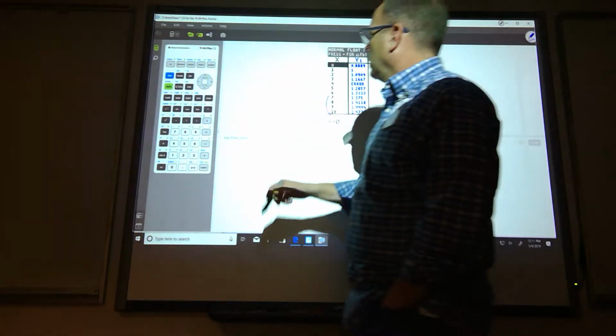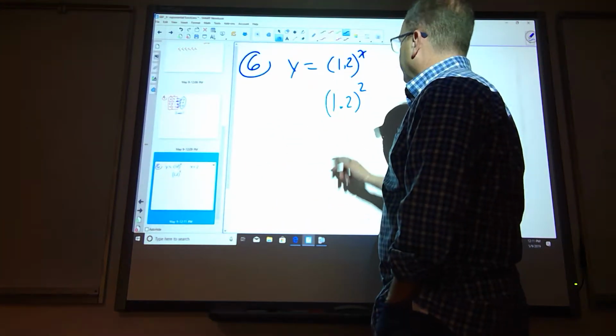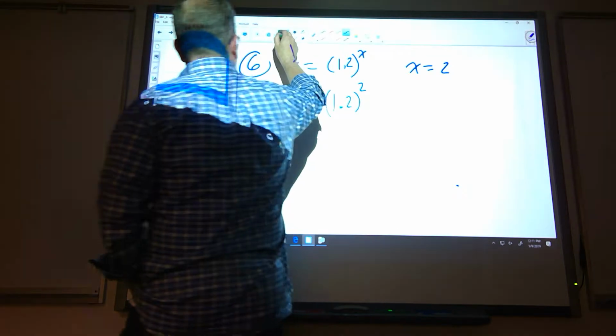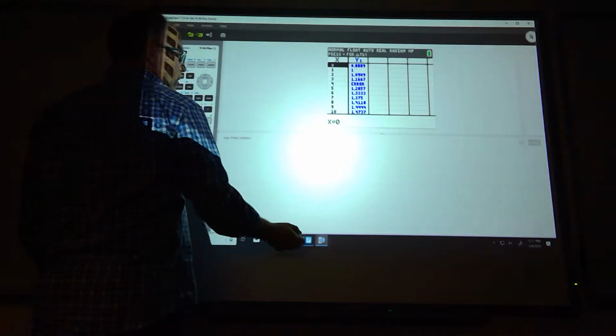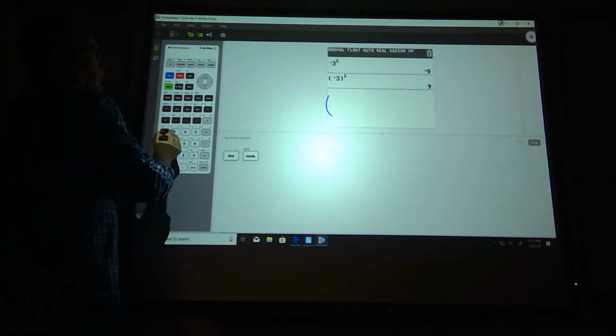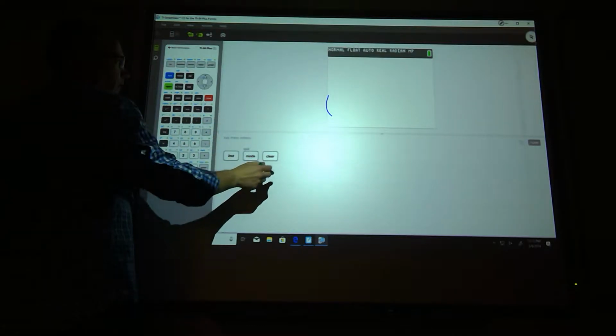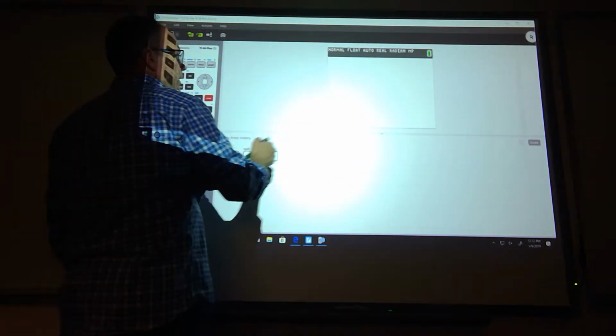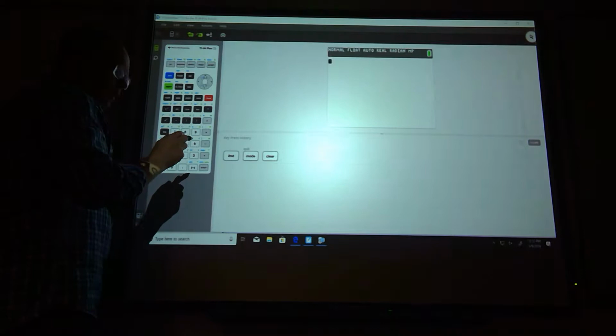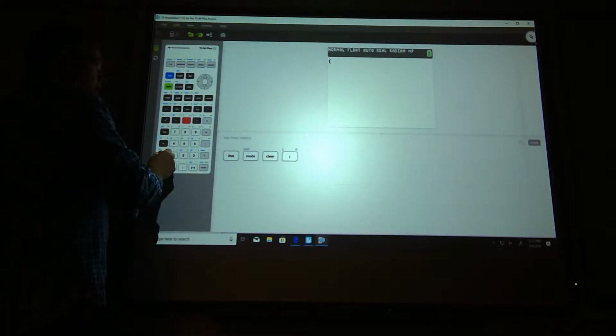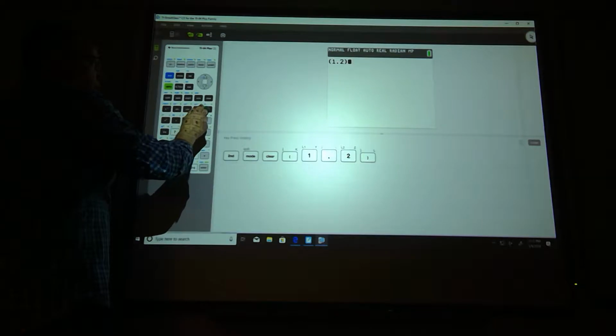Okay? All right, so let's get off this stuff. So 1.2 raised to the second. Ready? No, I don't want this. I'm going to clear all this out. I don't need that. Trash that. All right, so what was it? It was y equals 1.2 raised to the x.